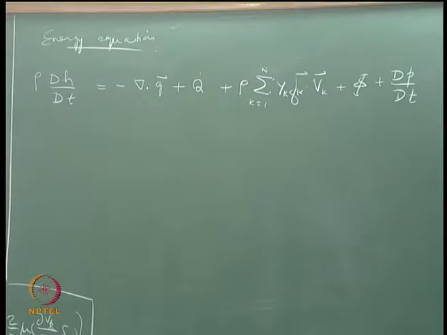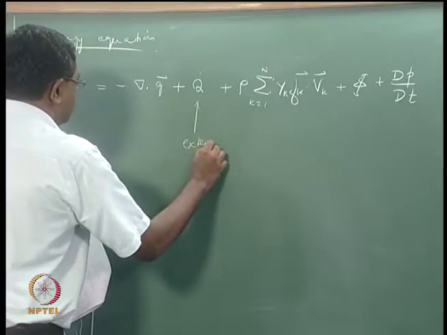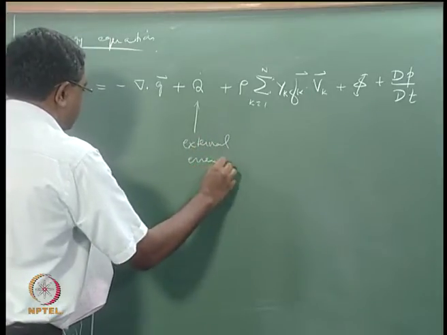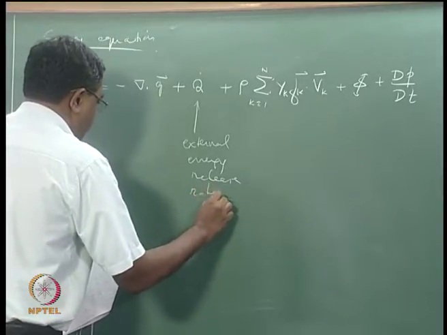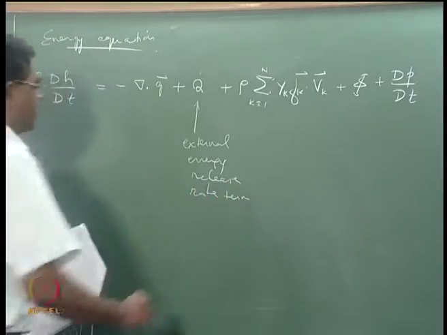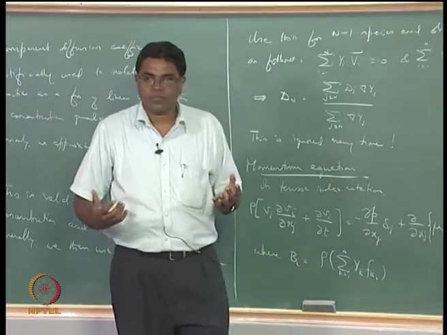right? The Q dot is essentially an external energy release rate term. Is the heat release due to chemical reactions contained within your system, or is it to be externally put in, right?